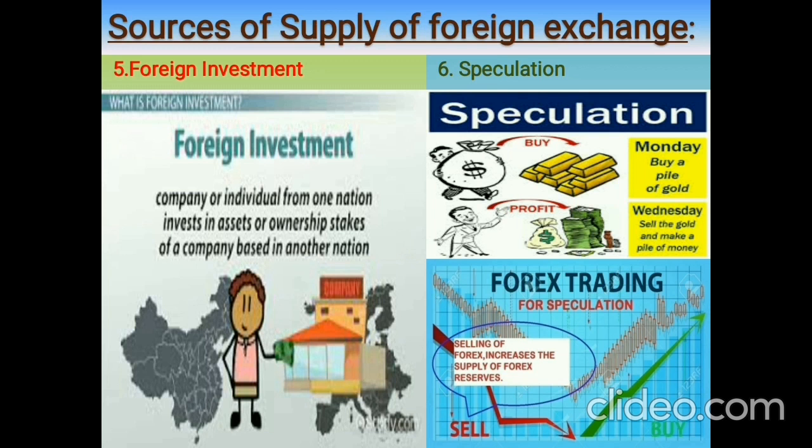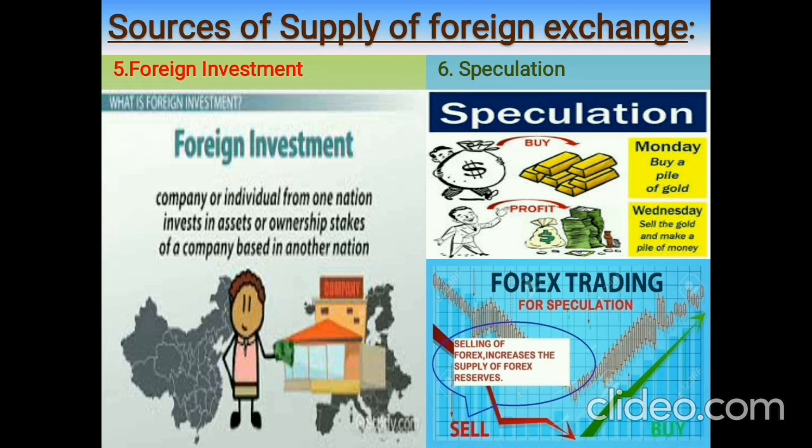And we come to the sixth source. It is speculation. Speculation also creates a supply of foreign exchange. If an individual buys currency and then, for making profit, sells his foreign exchange next time, by selling, it creates supply of foreign exchange in our country.